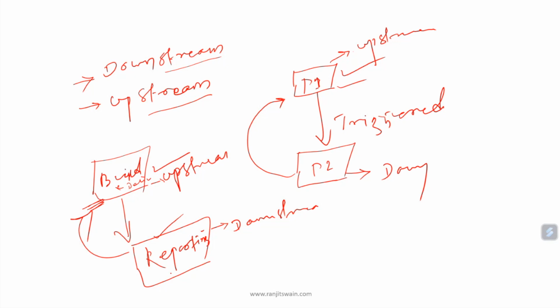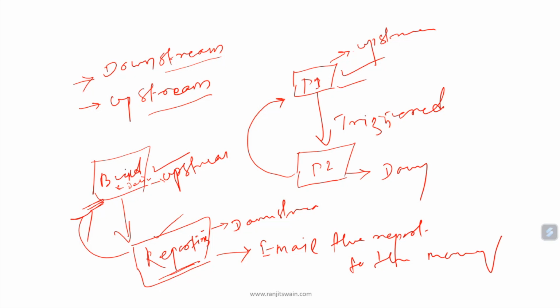We don't have to go and trigger this job. Once the build job is over and the build is a success, then the reporting job will run, and after that it will email the report to the manager. This is how you set up another job.